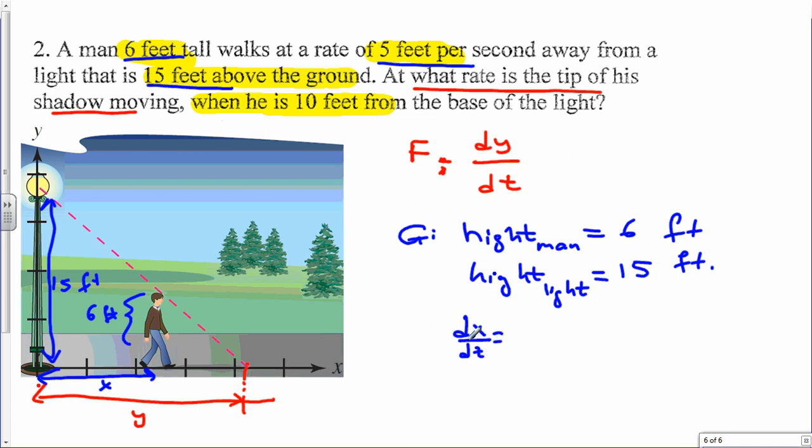Similarly for velocity we use differentiation, the rate of change of this man's position, which is 5 feet per second. Now, when is this going to happen? When he is 10 feet from the base, which means when x is 10.